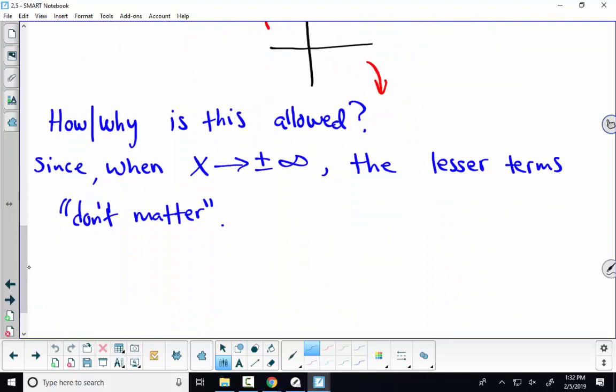How come when we're talking about end behavior, we're allowed to just look at the leading term? And we said, because all of those lesser terms matter significantly less as x keeps growing and growing and growing. Did anyone have any questions on any of this?